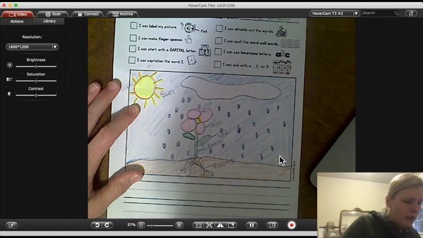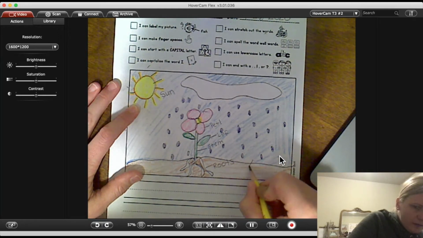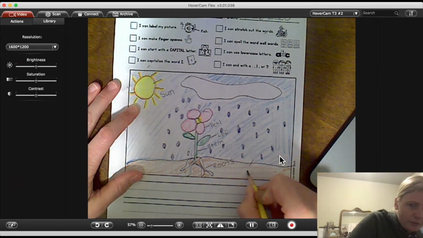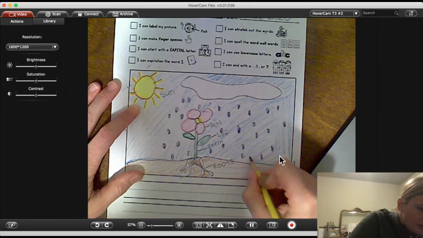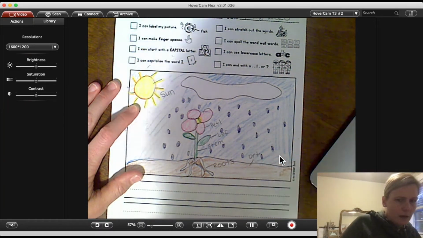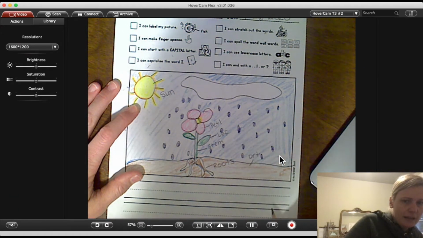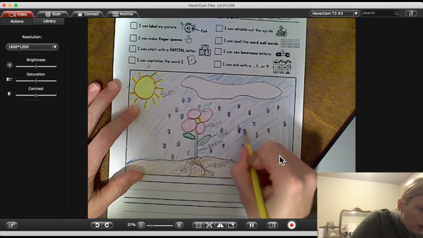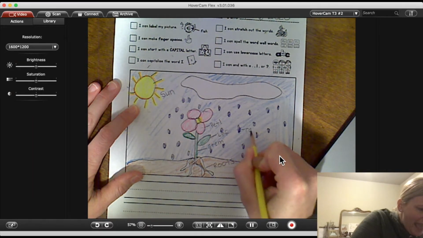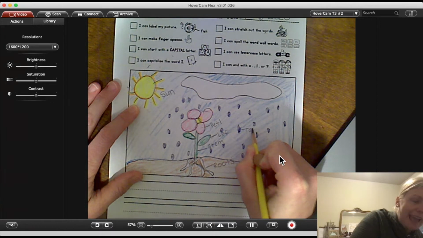What is this right here? This brown stuff that the roots are growing in. It's dirt. Dirt. And coming down from the sky, those are raindrops. Rain. Ooh, that's a tricky one, isn't it, to sound out?